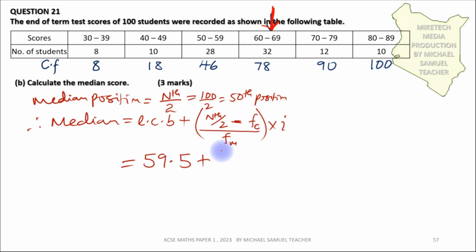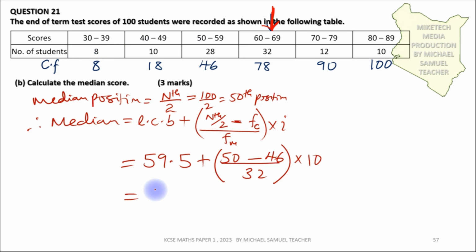59.5, then plus 100 over 2, that is 50, minus the cumulative frequency preceding the median class, which is 46, divided by the frequency of the median class, which is 32, then times the class interval. The class interval is 40 minus 30, or 50 minus 40, that way we get 10.